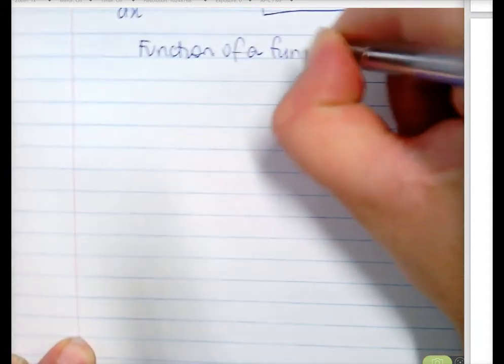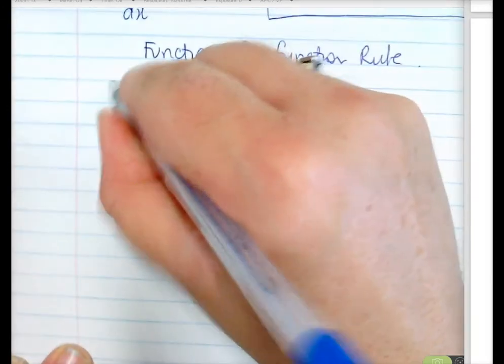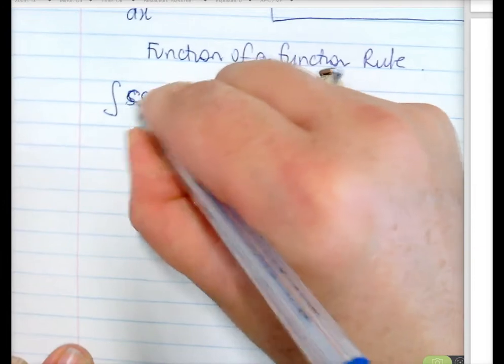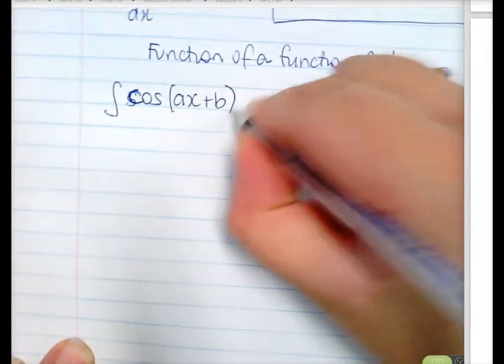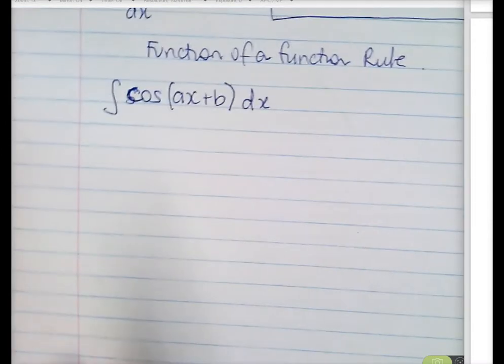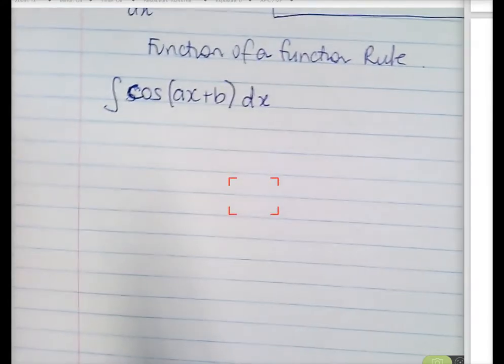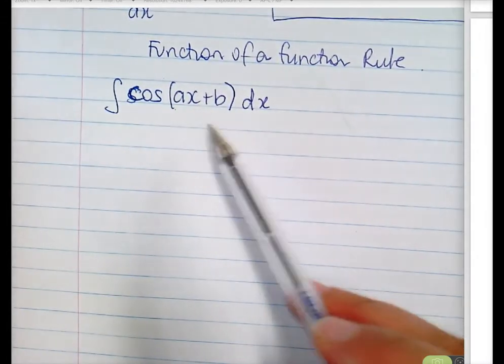Now I'll bring up the formula sheet in a minute so that you know what's on it. If you integrate something of the type cos of ax plus b dx, I'll do cos because it's the positive one first. In other words, that means it's not cos function of x. It has to be of the format something x plus a constant.